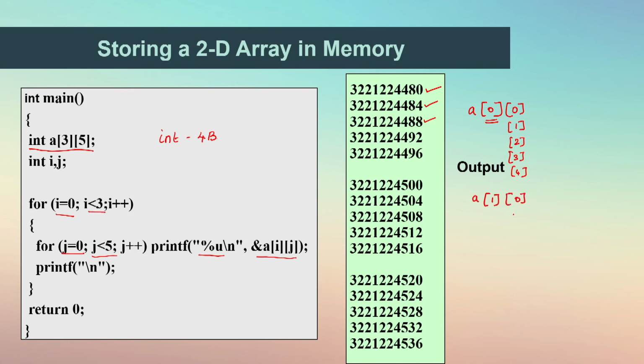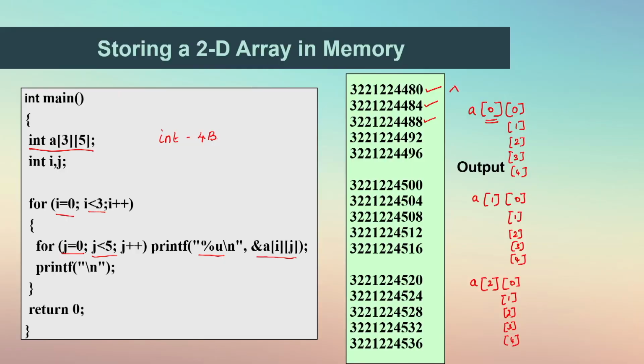Again the inner loop starts from 0 to 4, right. The third row will be using the index value 2 for the row subscript, and again the inner loop will be incremented from 0 to 4 in order to represent 5 columns.